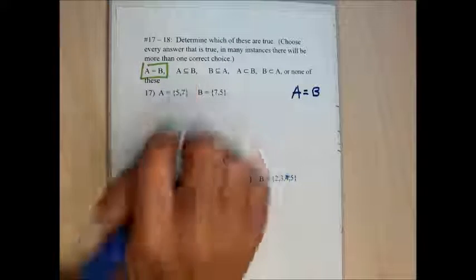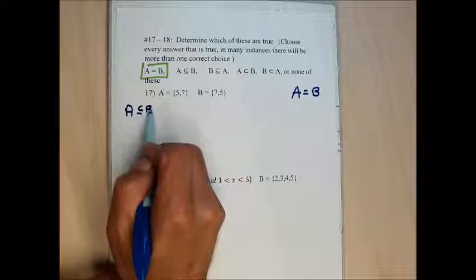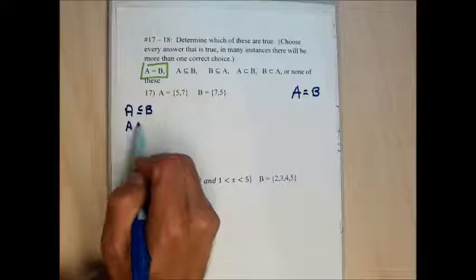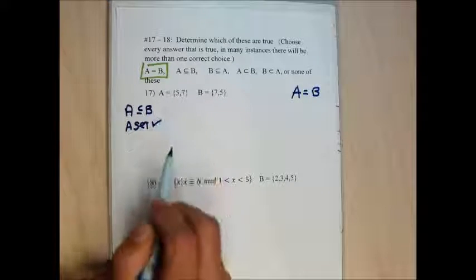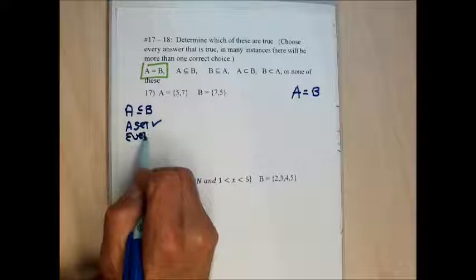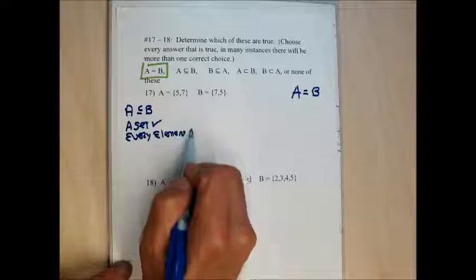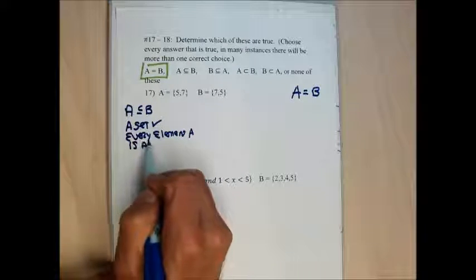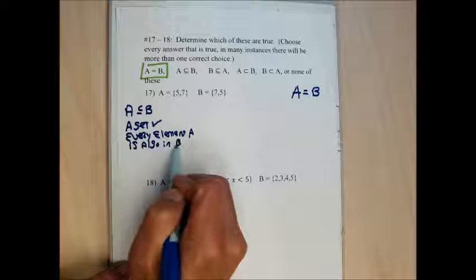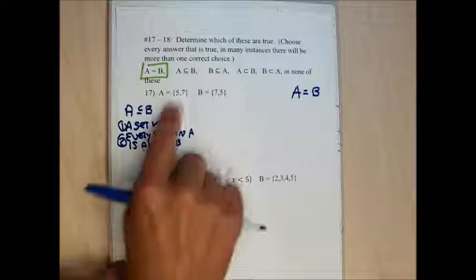For this symbol, to see if A is a subset of B, I need two things. A has to be a set, and every element of A has to be in B. So to be a subset, there's just two criteria. First, A is a set.